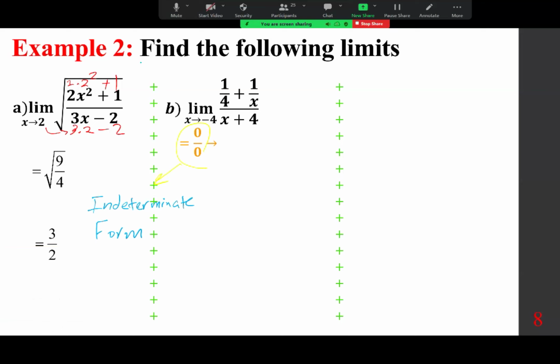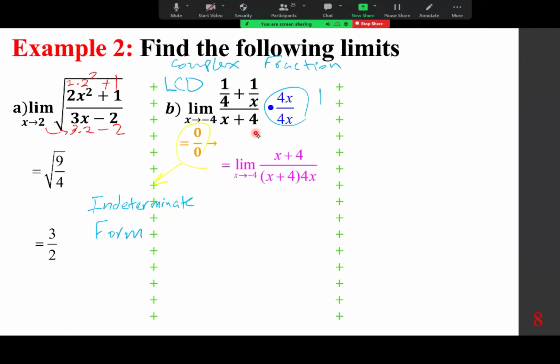And because this is a complex fraction, the technique is LCD, which is 4x. And the reason you put 4x over 4x is because this expression is 1. So you multiply by the top. This gives you x. This gives you 4. And these two, you write it as a product.